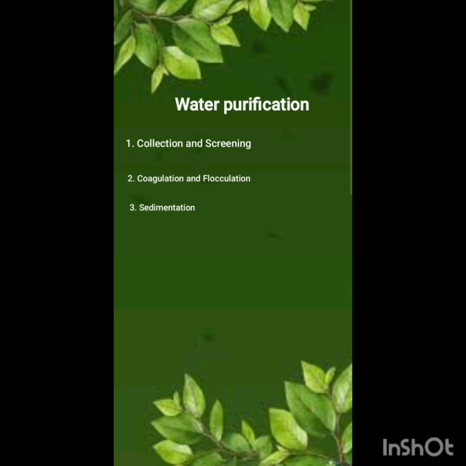Third step is sedimentation. The water flows into large sedimentation tanks where the flocs settle at the bottom due to gravity. Fourth step is filtration: the clarified water passes through filters made of sand, gravel, or activated carbon.